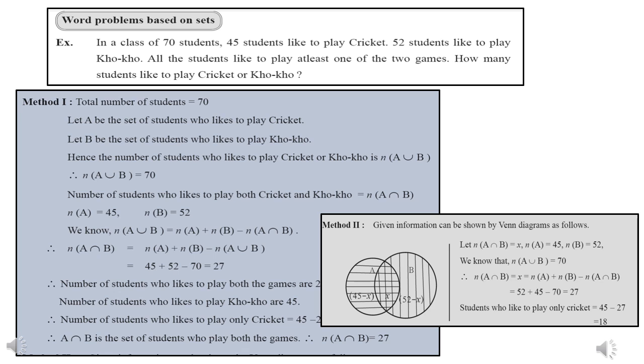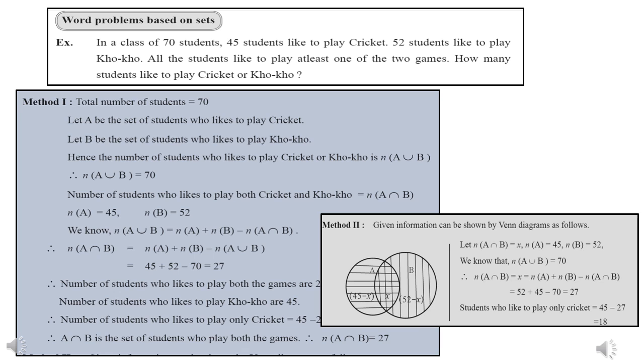Then the in-between part, which shows the number of students who play both the games, we are going to assume to be X. So that is the number of students who are playing both the games. So n(A intersection B) is equal to X. Now the number of students who play cricket is 45, and the number who play Kho-Kho is 52.